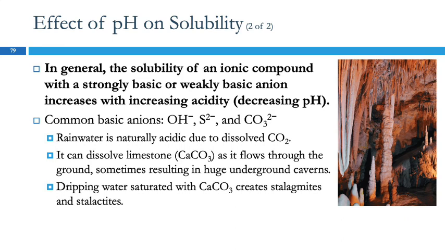Limestone is calcium carbonate. And so as this water that's dissolving the calcium carbonate drips and evaporates, it will leave calcium carbonate deposits behind. And that can happen at the bottom of a stalactite or at the top of a stalagmite.